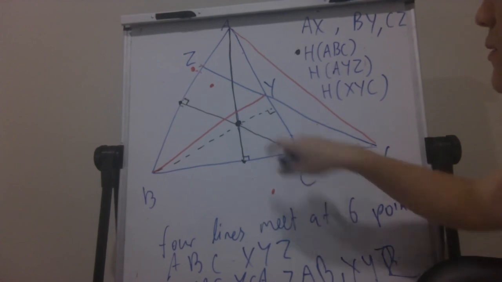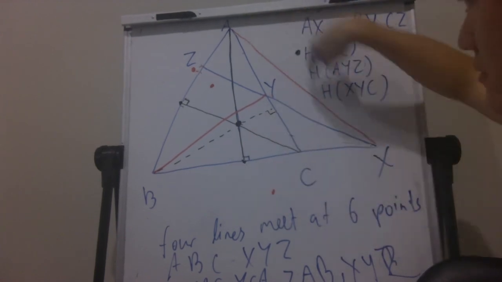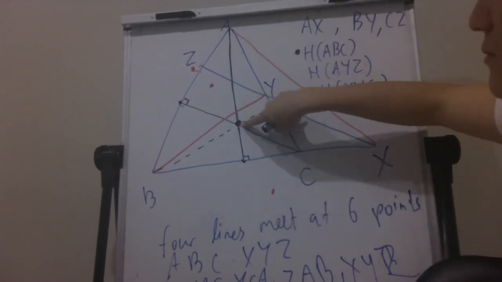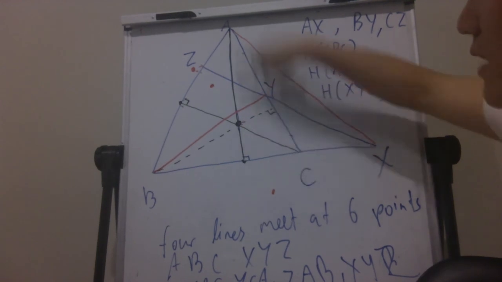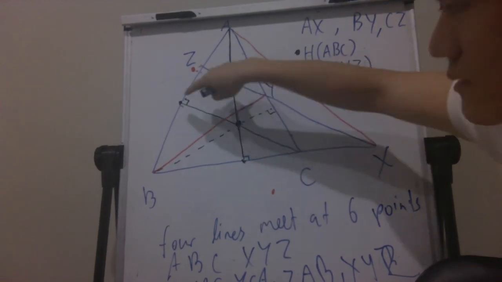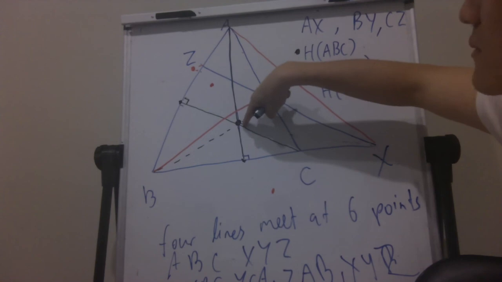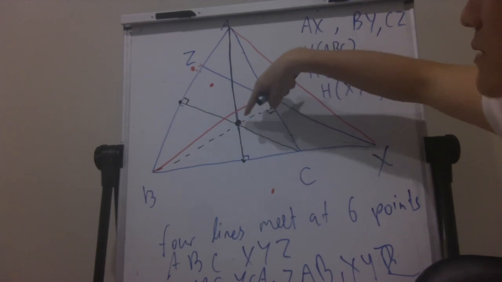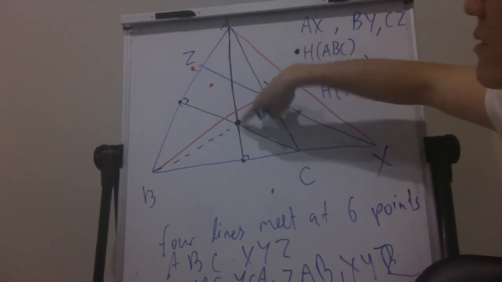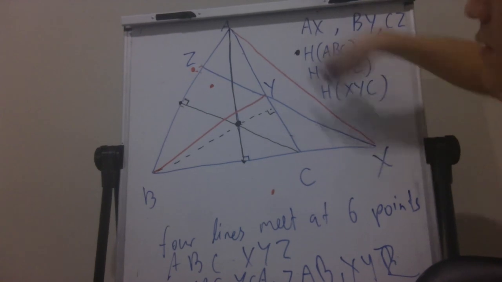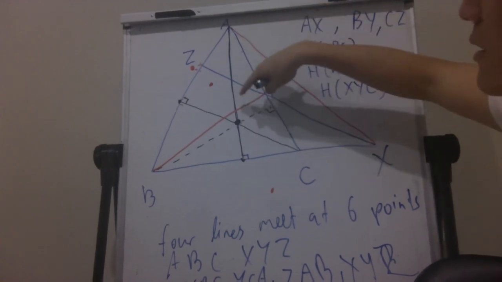On the circle with AC, this is just one point with that power and this power, and they're the same. It's on the radical axis with AX, so then it has the same power.